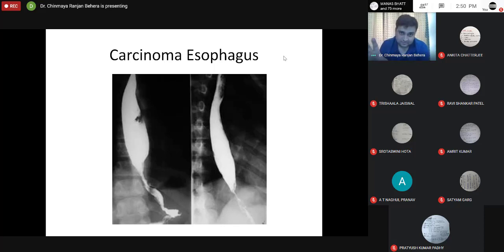So this is a barium swallow. What do you see? There is a dilated part here, a narrow part here, and then the normal part here. So there is a narrow distal part of the esophagus with shouldering above. This is basically a feature of carcinoma esophagus.